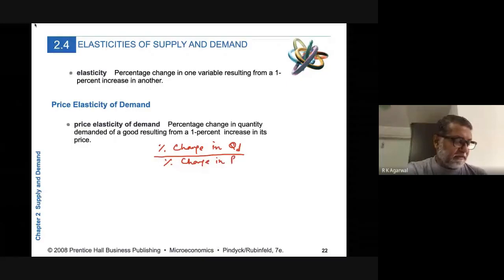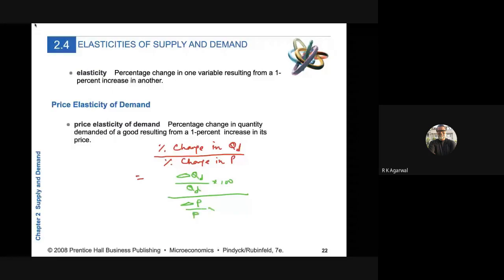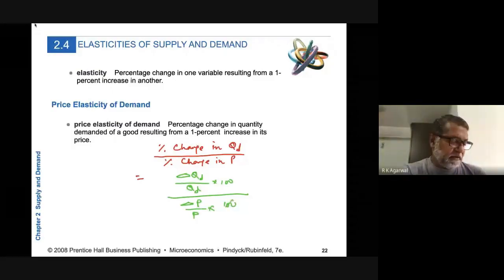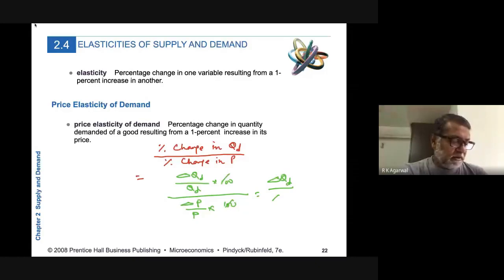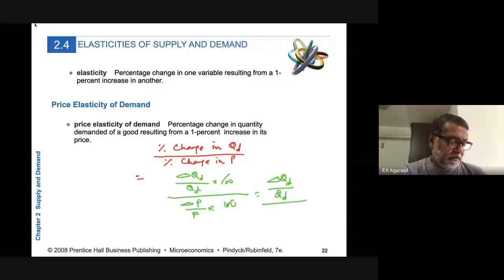This can also be written as delta QD by QD into 100 divided by delta P by P into 100. Now this 100 can be cancelled. You are now left with delta QD by QD divided by delta P by P.